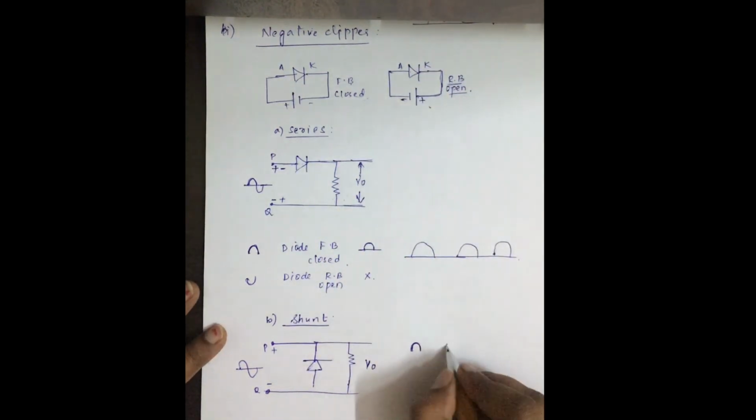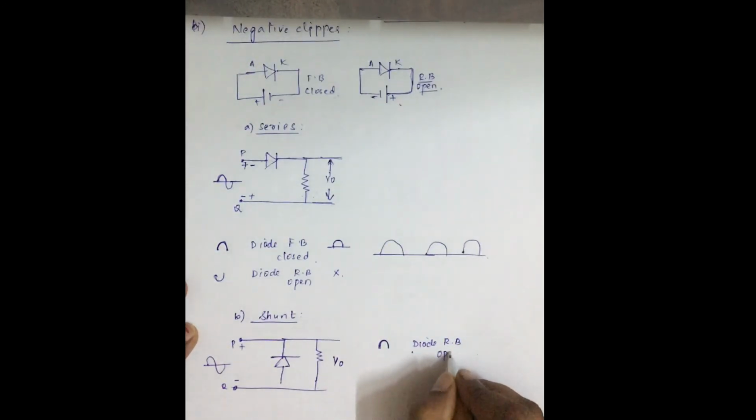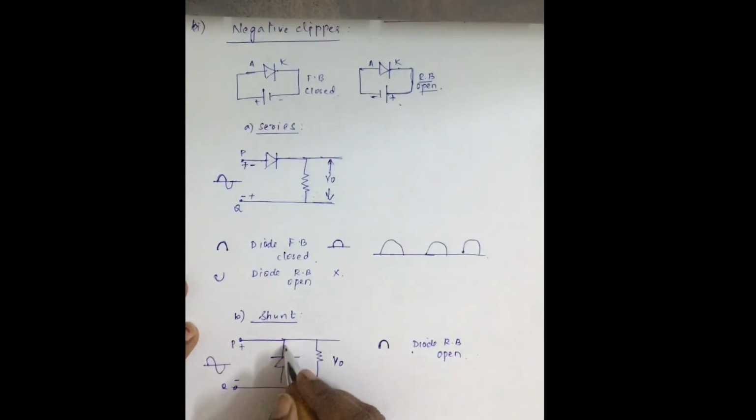So the diode is reverse biased, therefore the diode is an open switch. When this is acting as an open switch, no current will flow across the diode and the entire current will flow through the resistor. Since this is connected in parallel, the diode acts as an open switch, so the current coming will not flow across the diode.